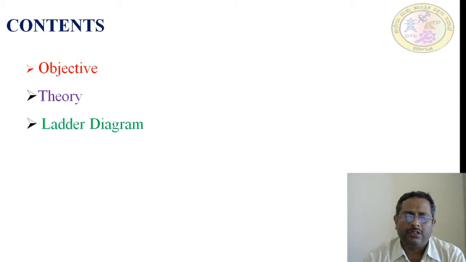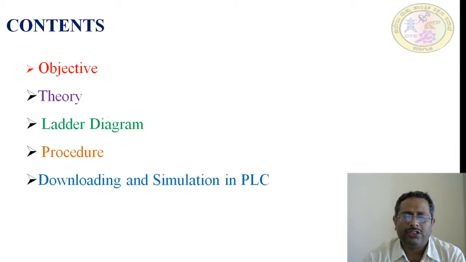Then we will see a ladder diagram to switch on and switch off an output using a timer, and the procedure to build a ladder diagram in the software and download it into the PLC to simulate. Then I will show the downloading and simulation of this ladder diagram in the PLC. Finally, we will discuss the result.